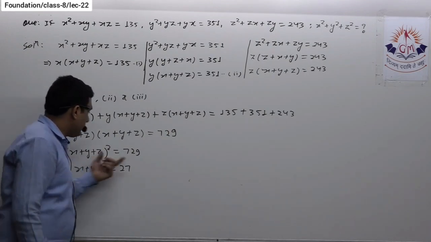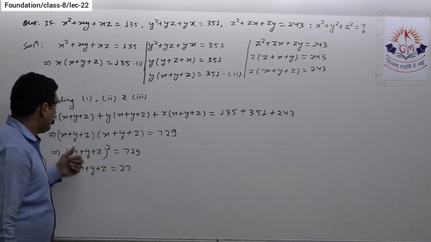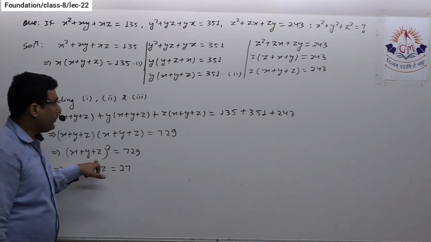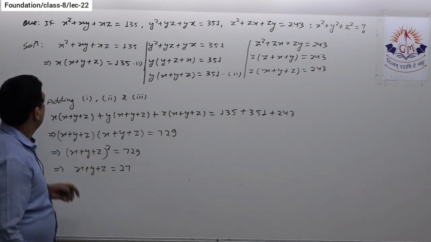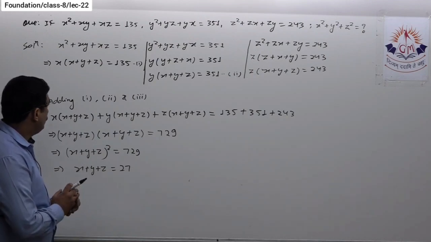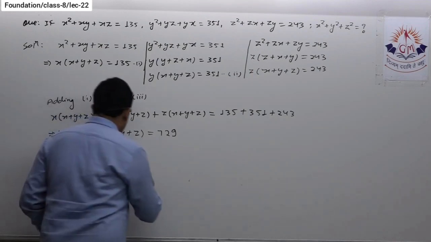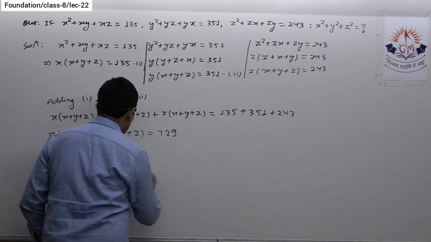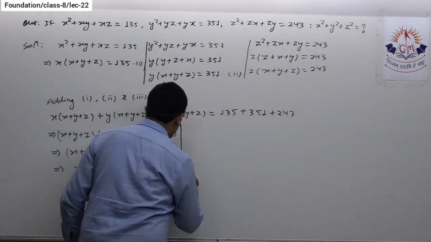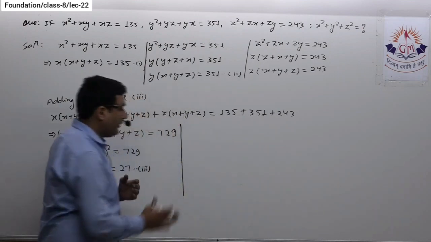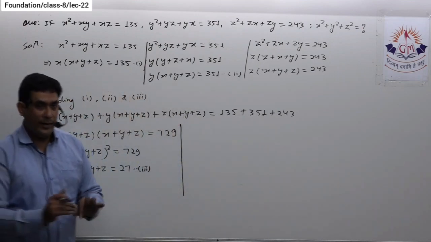Now suppose if I expand this square, I get x square plus y square plus z square plus 2xy plus 2yz plus 2zx. Let it be equation number 3. Now, anyhow I have to connect the variables x, y and z.